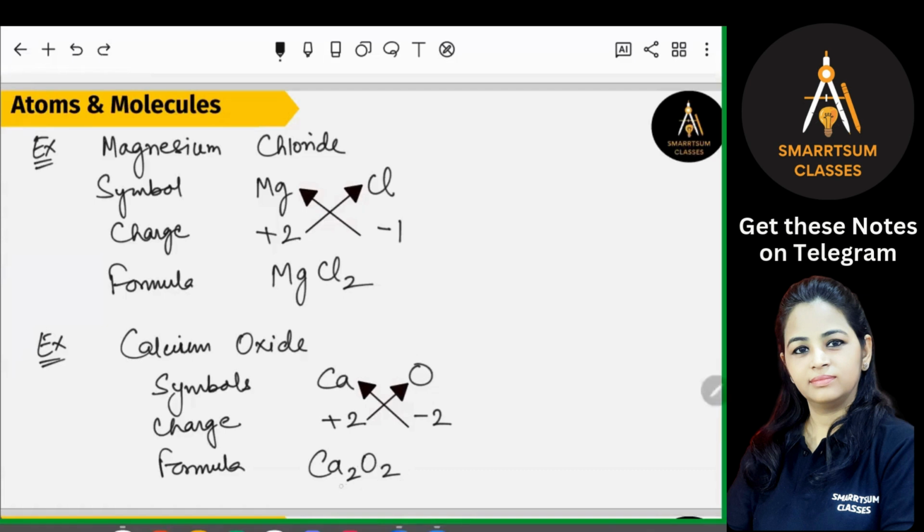So instead of writing Ca2O2, we will write it as CaO, dividing the valencies by 2, because 2 is the common factor. So CaO is the calcium oxide, right? When the valency of both elements is numerically equal, the subscripts are not written. So we simply write it as CaO. Is that clear?